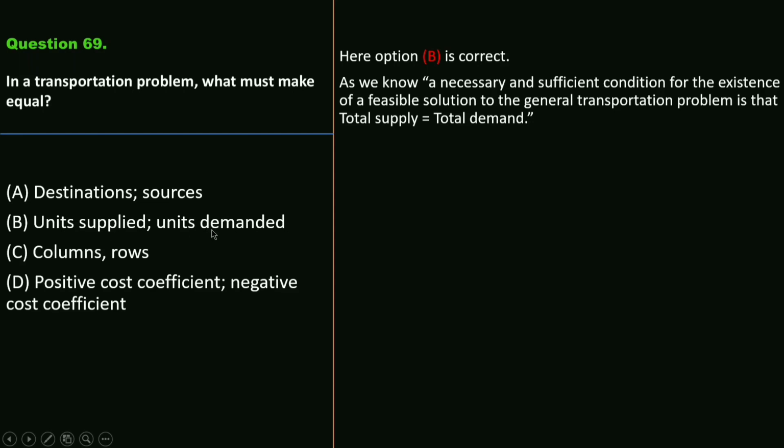If a deficiency occurs, then we apply a dummy row or a dummy column to adjust this inequality. So this 69 is clear. That means unit supply is equal to unit demand. So option B is correct one.